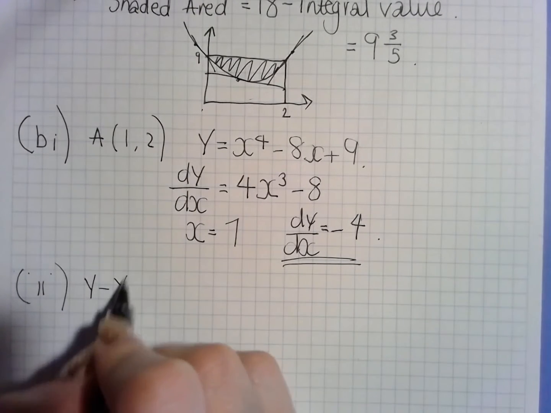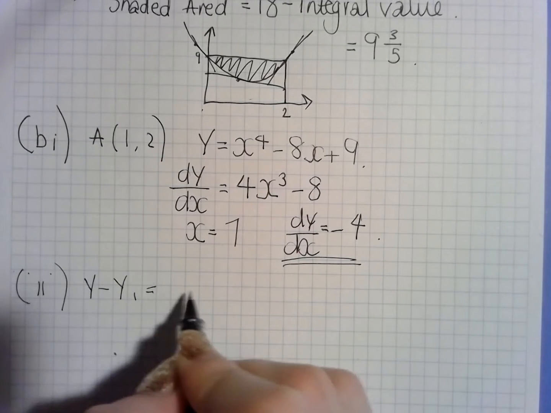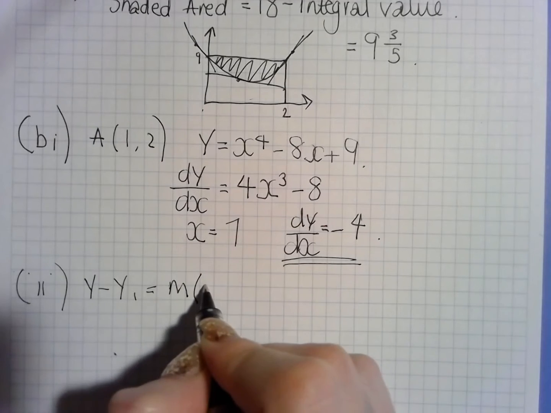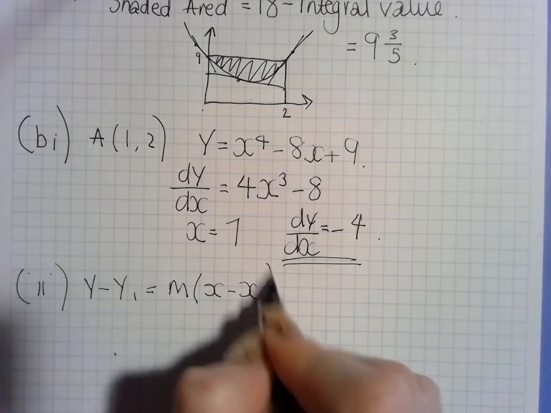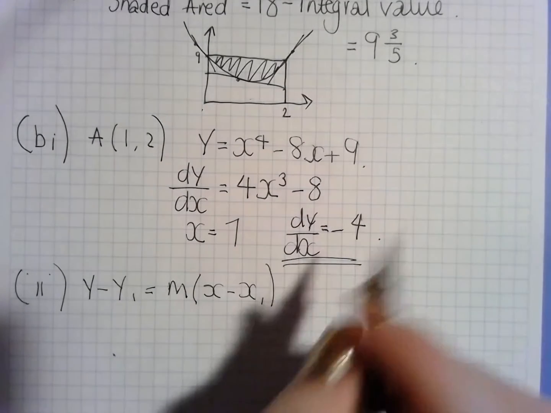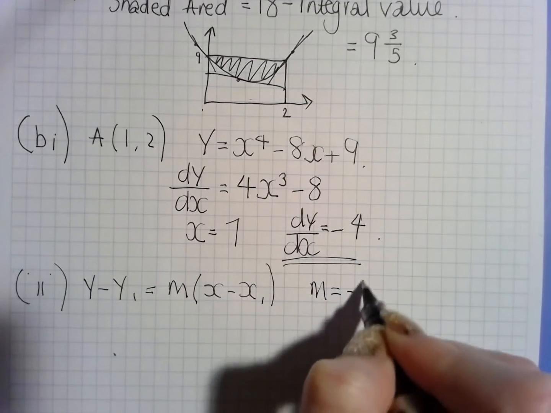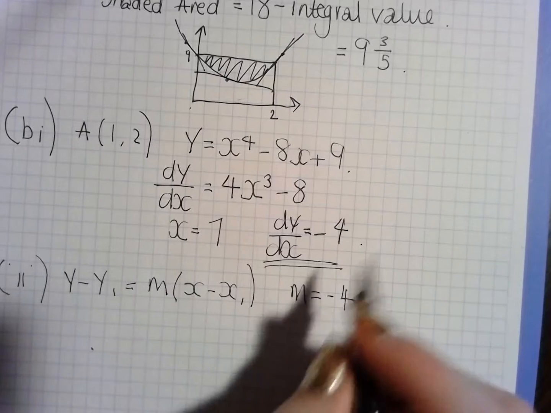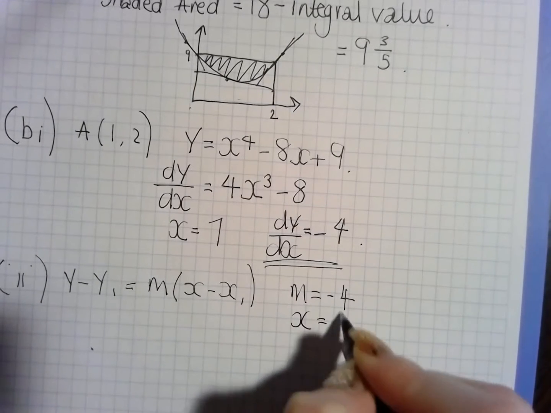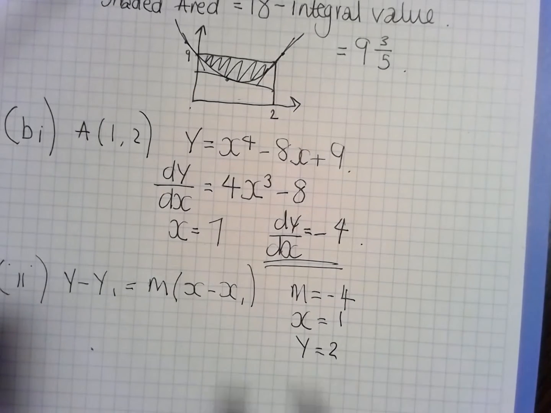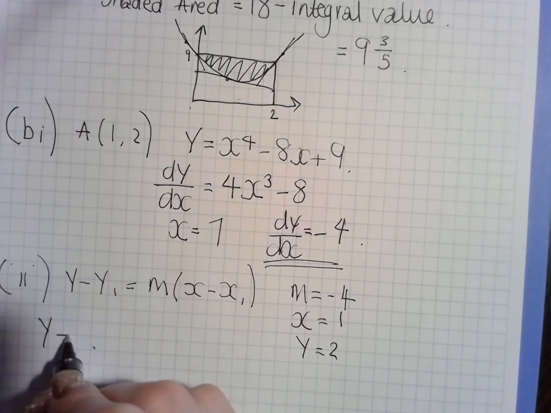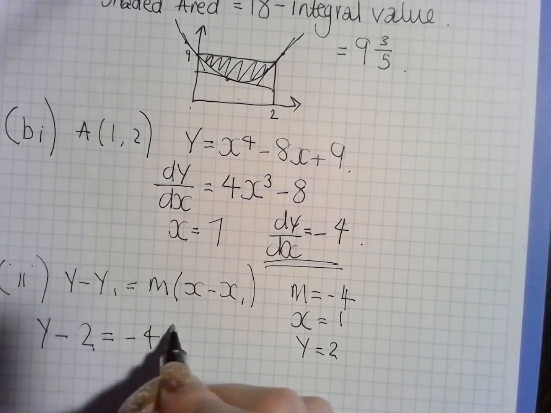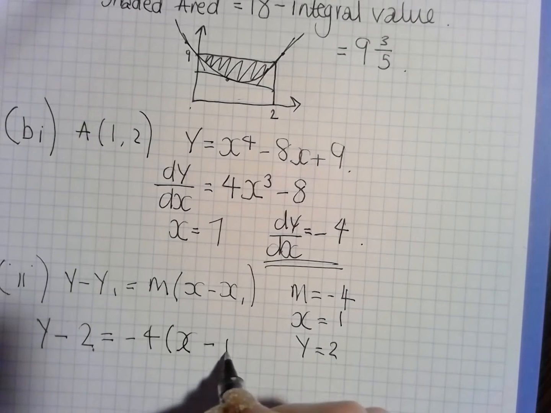Do you remember this from earlier on in the paper? That's y minus y1 equals the gradient times x minus x1, and we know the gradient is minus 4. We have this point, so x is 1 and y equals 2. So you just go y minus 2 equals minus 4 times x minus 1.